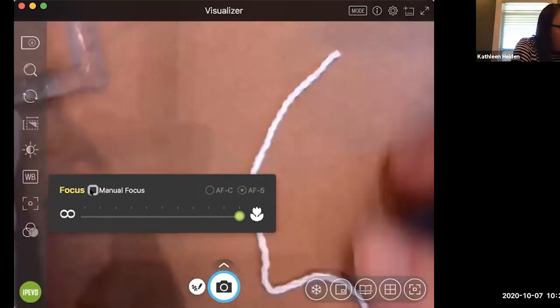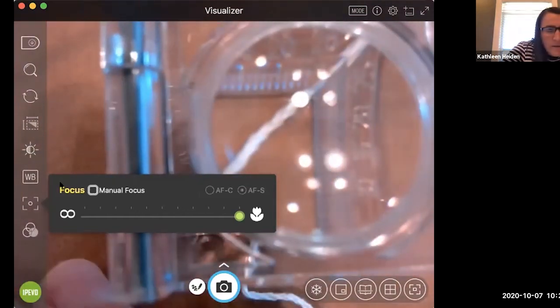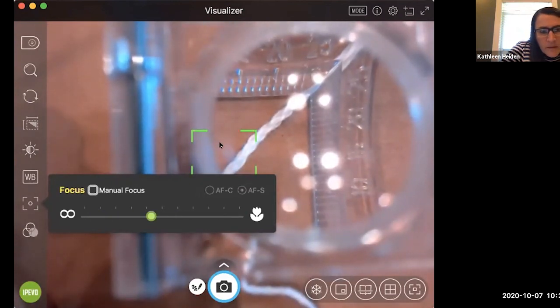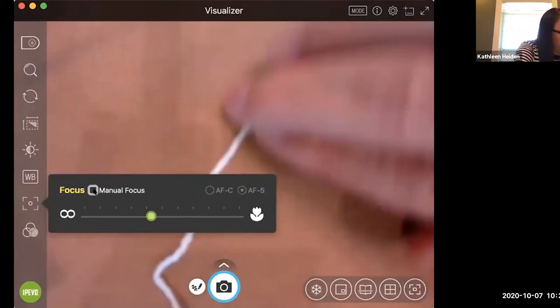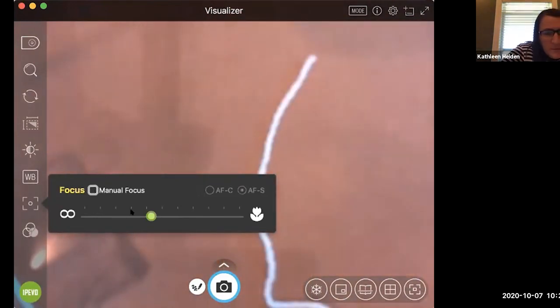So what is the direction of twist on our cord? It's not focusing very well. Y'all look at that under your scope.